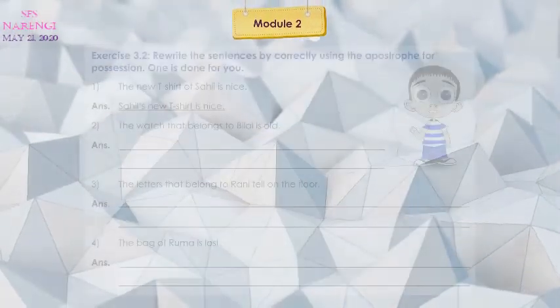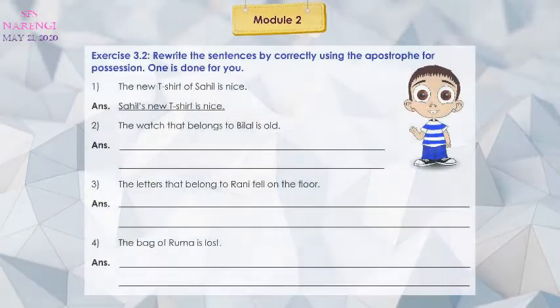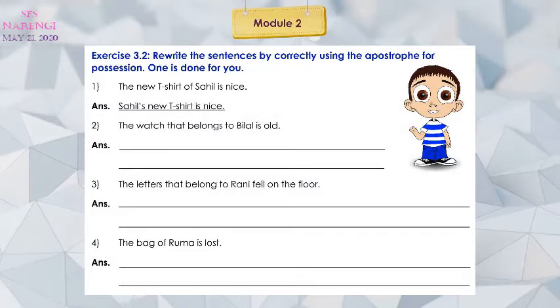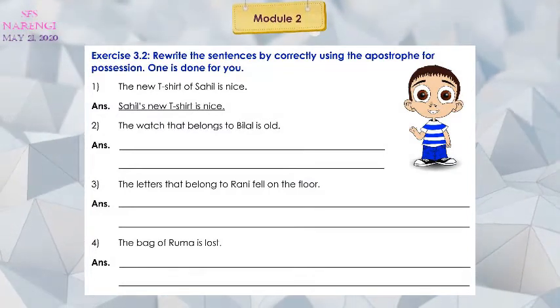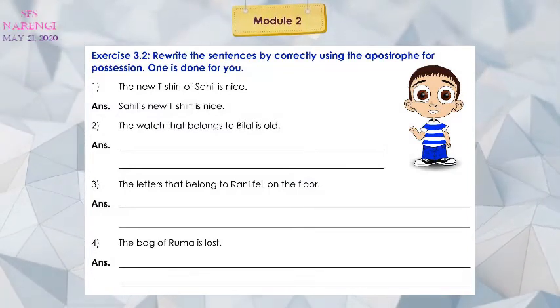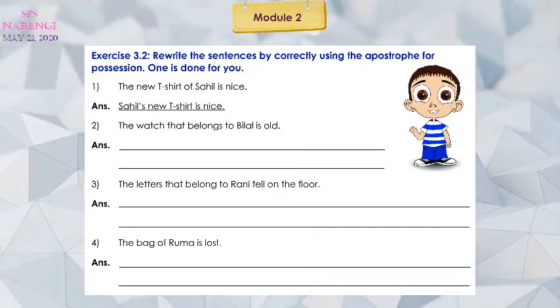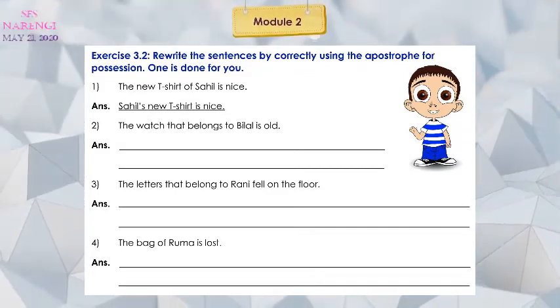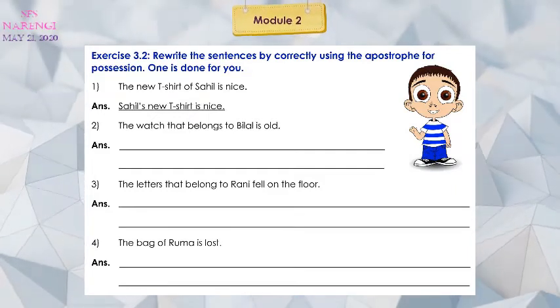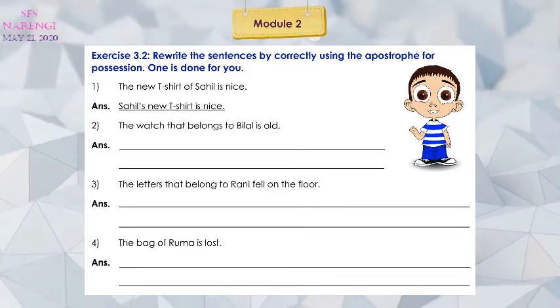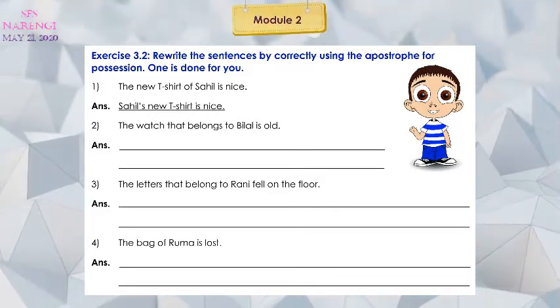So come to exercise 3.2. Here, 3.2 is: rewrite the sentences by correctly using apostrophe for possession. One is done for you. The first one is: the new t-shirt of Sahil is nice. Answer goes: Sahil's new t-shirt is nice.